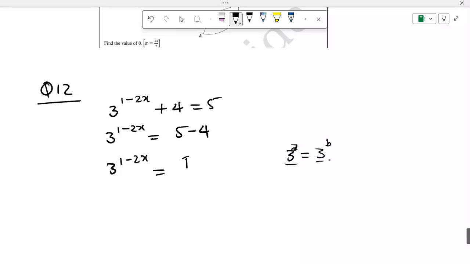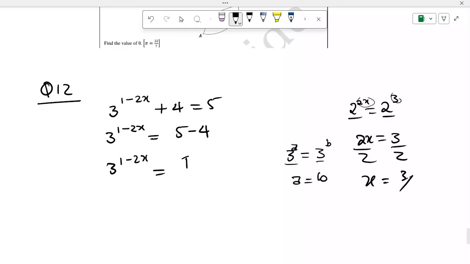So when these are equal, we just say a equals b. For example, 2 to the power 2x equals 2 to the power 3. Solving for x, since we have 2 here and 2 here, we equate the powers. You say 2x equals 3. Since the bases are the same, you divide by 2, x equals 3 over 2.